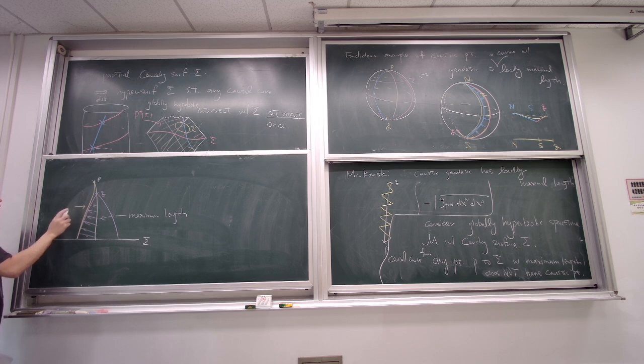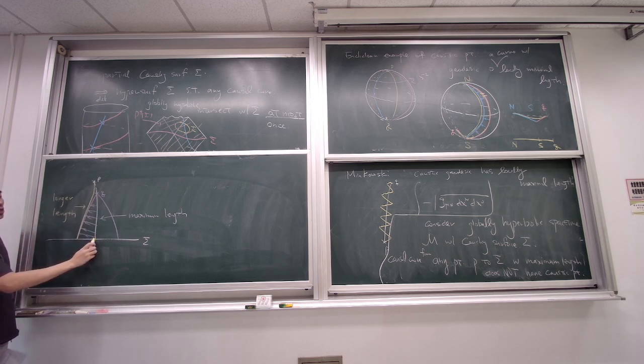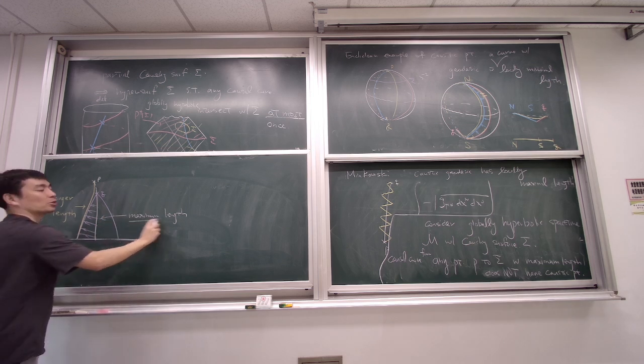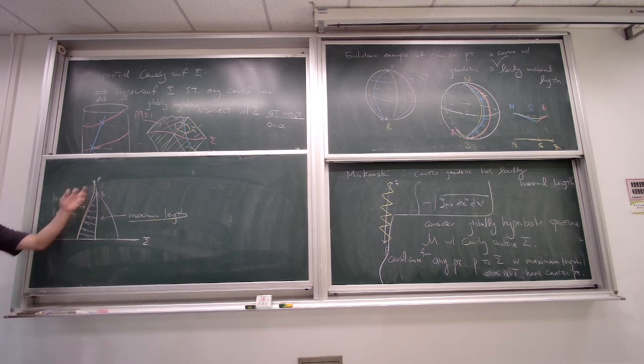This has longer length than purple plus white. And purple plus white has the same length as the white one. So the assumption will fail. We assumed that the path from P along the white one is of maximum length.